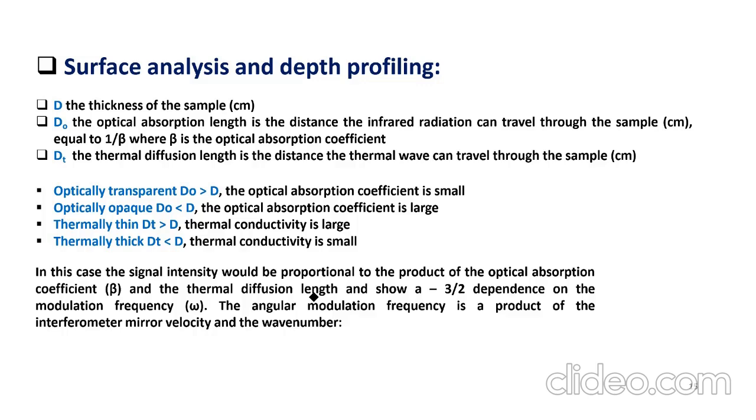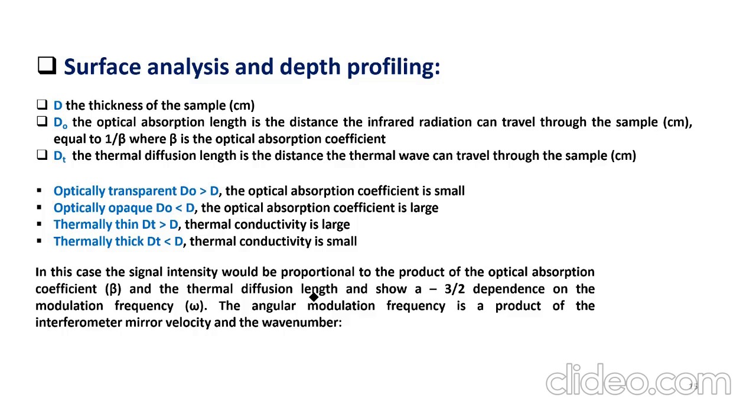The optical absorption coefficient is small, that is, beta is smaller. While in the case of optically opaque systems, d0 is lesser than d. The absorption coefficient is large. And in a thermally thin, that is very thin samples, the dt will be higher than d, because the distance travelled in the sample will be higher.